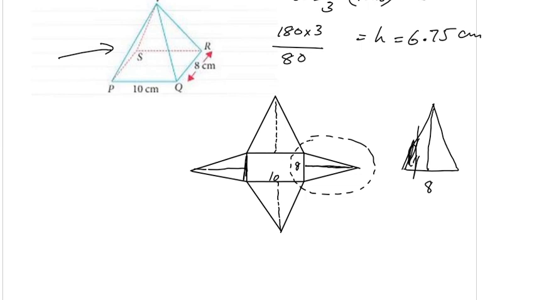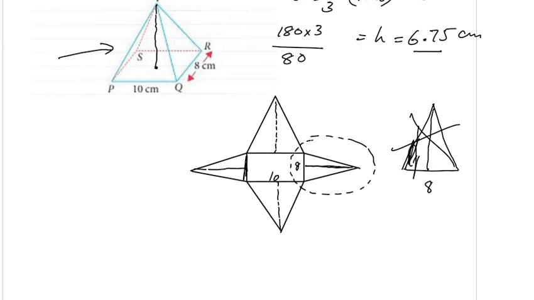Omit this, ignore it. Look at this diagram from V to the base. This is a straight line. Consider this as a straight line, and its height is equal to 6.75.